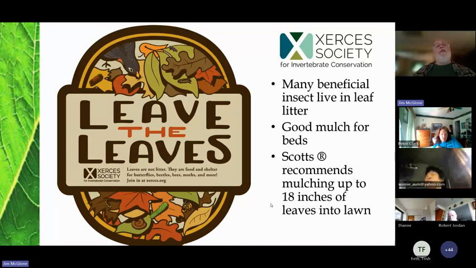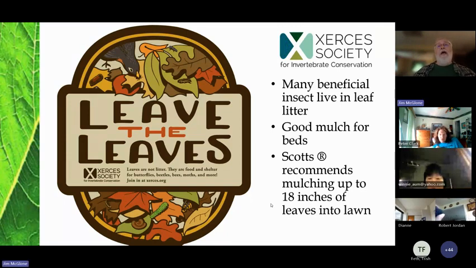And so when you rake up the leaves, you turn that plant, that oak tree, from a resource into a death trap, because those caterpillars that are feeding on that tree do not have the opportunity to complete their life cycle and become adults and lay eggs of their own.